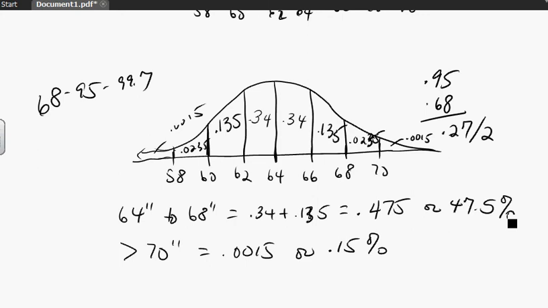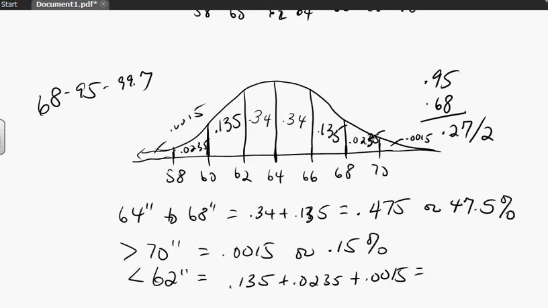Alrighty. What percent of women are less than 62 inches? I need an answer to this question, so get out a calculator if you can't do it in your head.